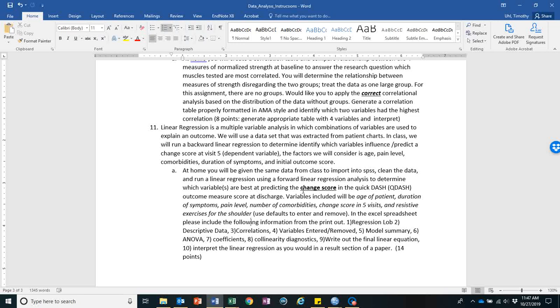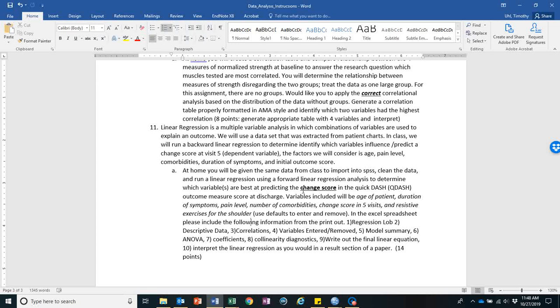So for the demonstration, we're just going to try to predict what were the baseline factors that might help us predict how well they change or how much they change in the first 5 visits of physical therapy.